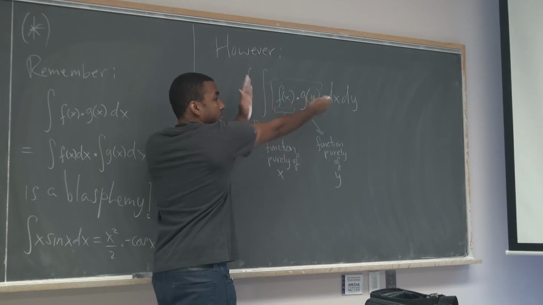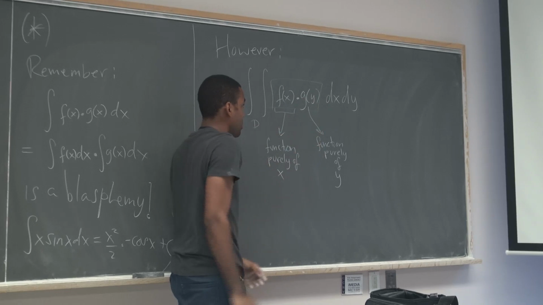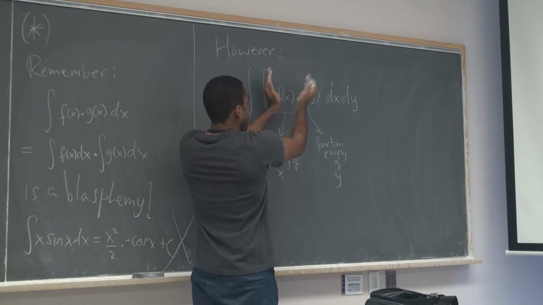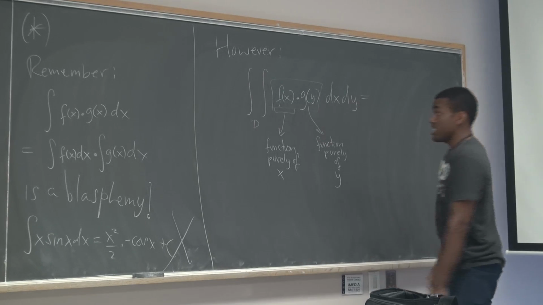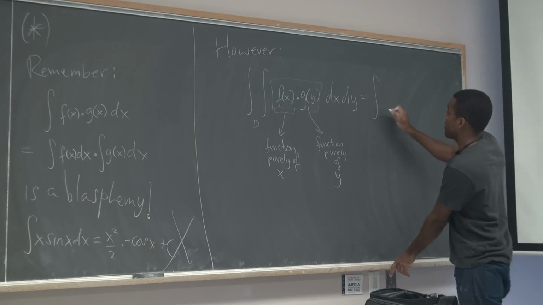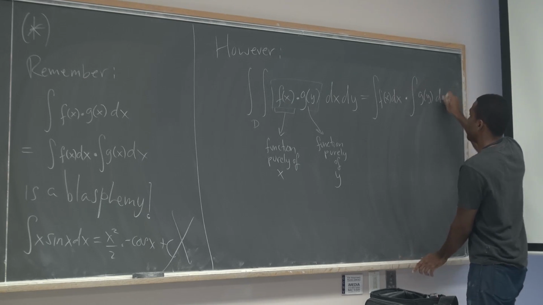They can't commingle. You can't have x's and y's mixed up in here and x's and y's mixed up in there. If one is a function of x, the other is a function of y, then you can literally split the integrals. You can literally think of this as f of x dx times g of y dy.